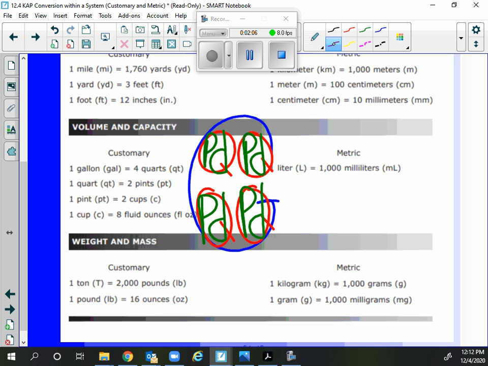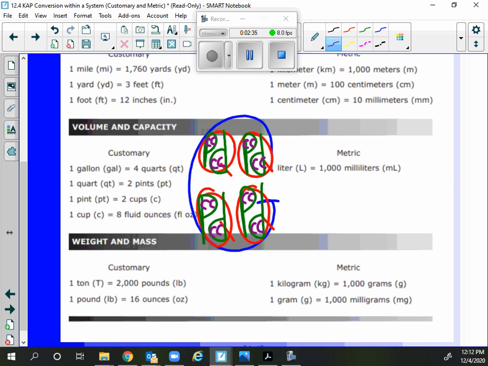There's 2 cups in each pint. So if I was asked how many cups are inside of a pint, I'd say there's 2 cups in a pint, but how many cups are in a gallon? Well, 1, 2, 3, 4, 5, 6, 7, 8, 9, 10, 11, 12, 13, 14, 15, 16 cups in a gallon.